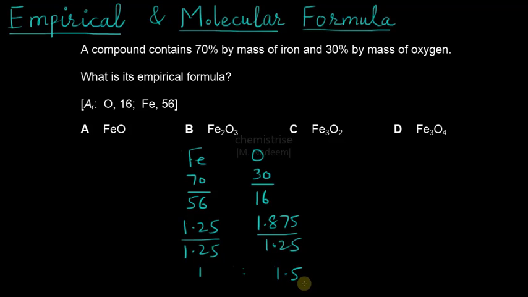How can we do this? We can multiply it by such a number that it becomes a whole number. We can multiply both of them by 2. So times 2 will make it 2 and it will become 3. Now we get the complete figures, so the formula will be Fe2O3. The answer would be B in this case.